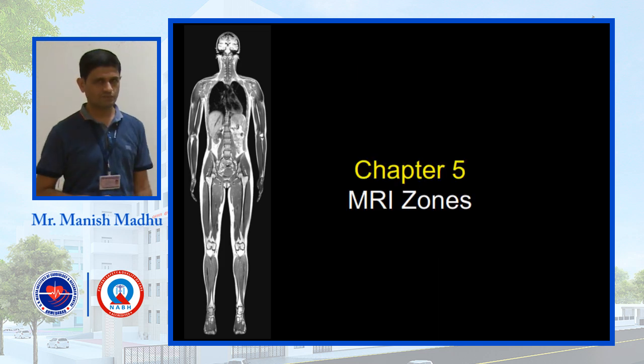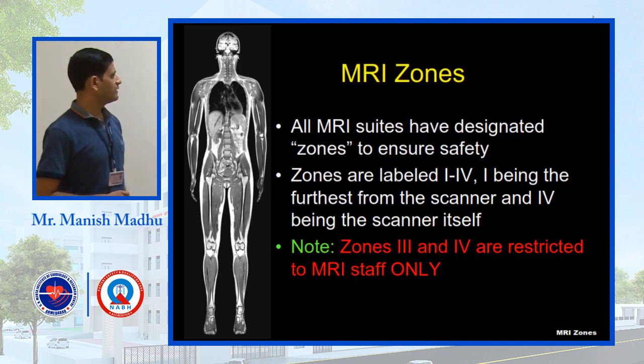Chapter 4, MRI zones. Here, for safety purposes, we have categorized areas zone-wise. All MRI suites have designated zones to ensure safety. Zones are labeled 1 to 4, 1 being the furthest from the scanner and 4 being the scanner itself.